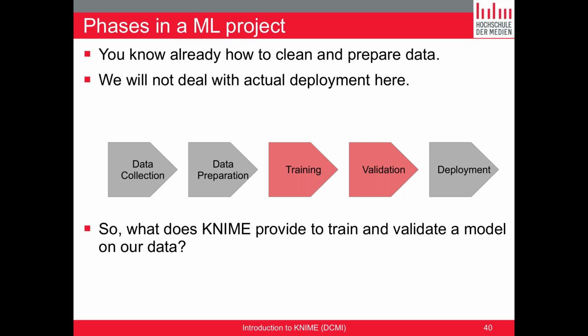And in the end, if it actually works, you can use it in your systems and do the actual deployment. So as we saw already how the data can be prepared, and we will of course not talk about the deployment today, we are interested in what KNIME brings for us to do the training on some data and also to find out if it actually worked.